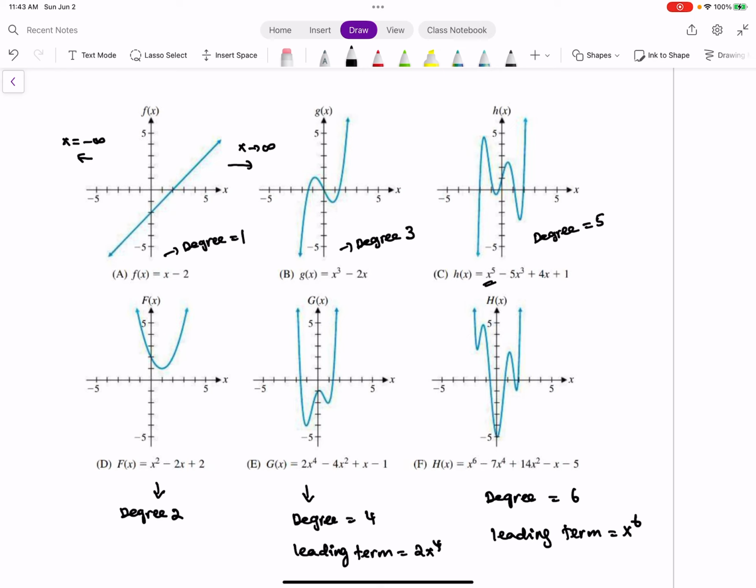For the degree 1 polynomial, when x goes to positive infinity, f of x goes to positive infinity. When x goes to negative infinity, f of x goes down to negative infinity. So looking at all these graphs, for even and odd degree polynomials the end behavior will be different. We'll see those behaviors in the next video.